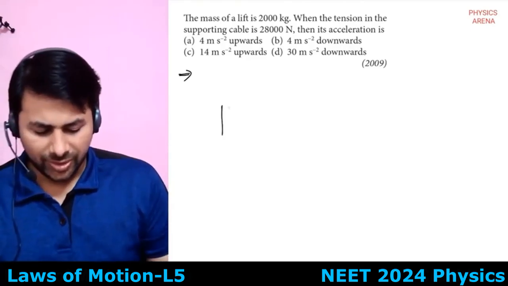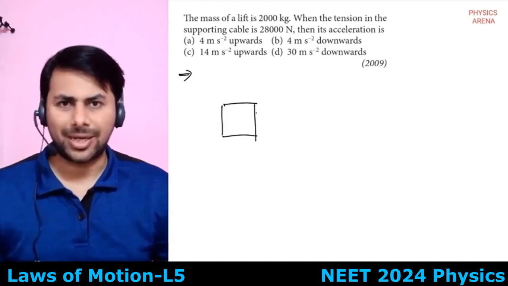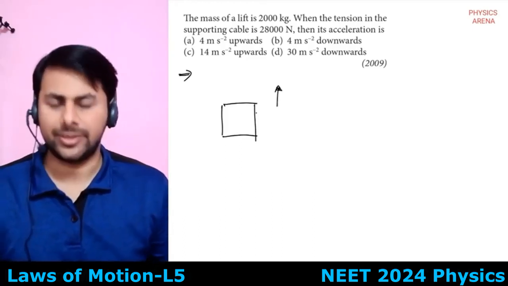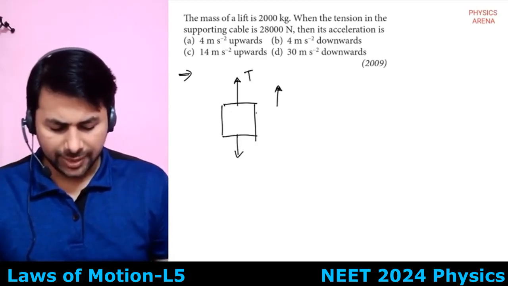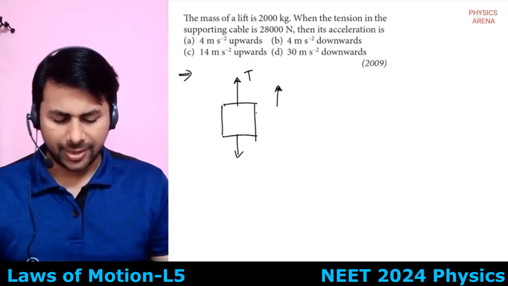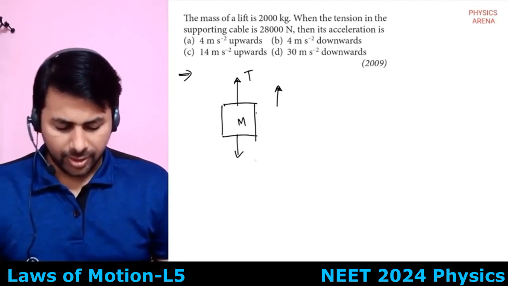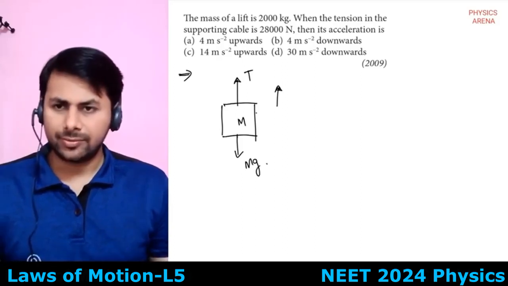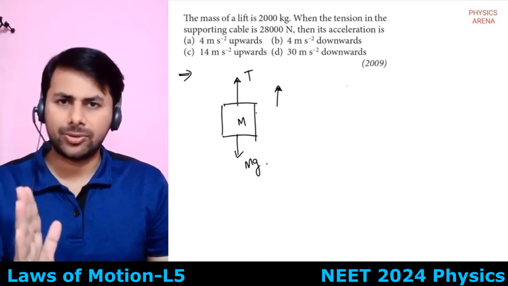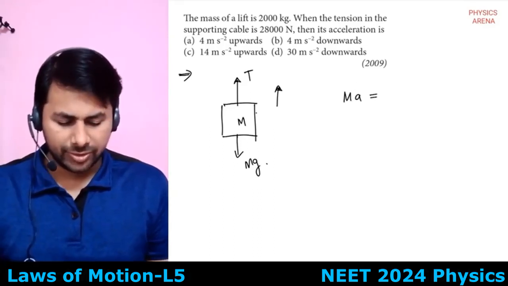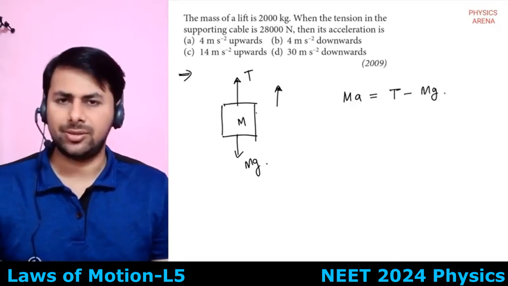We need to consider some direction of acceleration, so let's suppose it's upwards. So this is the tension, and there is the lift only, whose mass is m. So mg will be acting downwards. The net upward force is m into a, which will be equal to T minus mg.